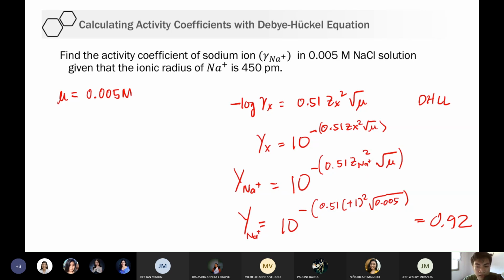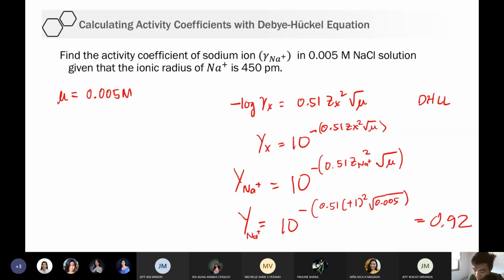Someone already calculated the activity coefficients given a certain value for the ionic strength. Just solving for the gamma is only to practice the use of the Debye-Hückel equation and the Debye-Hückel limiting law. However, someone already did that.